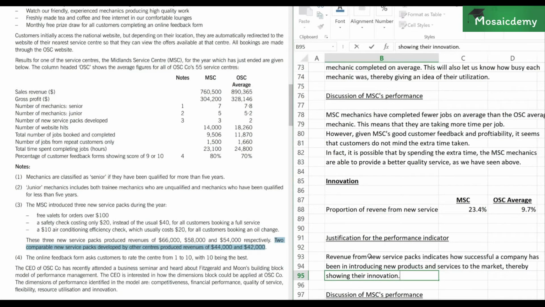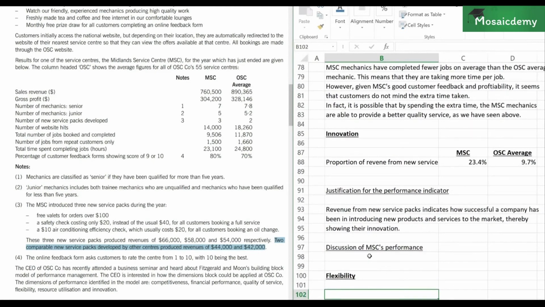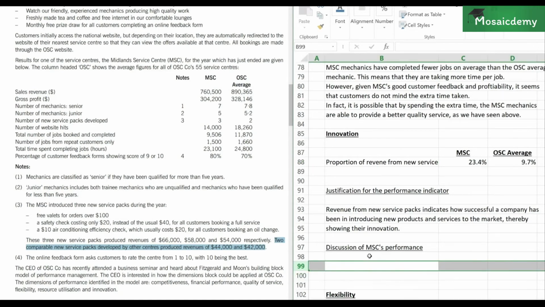Okay, and let's discuss the performance. So we can see they have a much higher proportion, so they're far more innovative, and that might have brought in more customers as well, and the customers might be happy from the increase of new types of services, right?